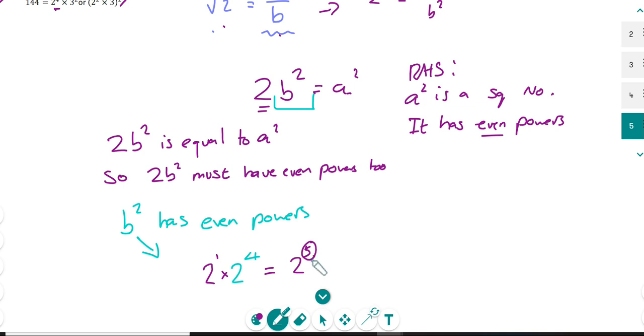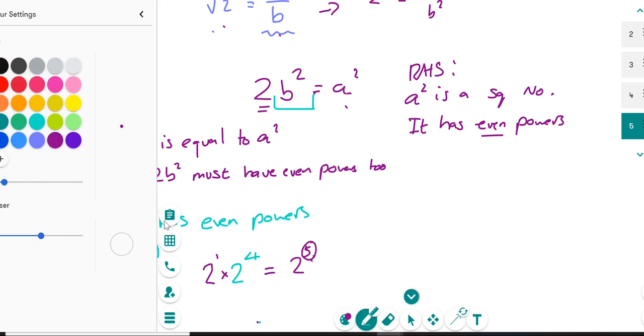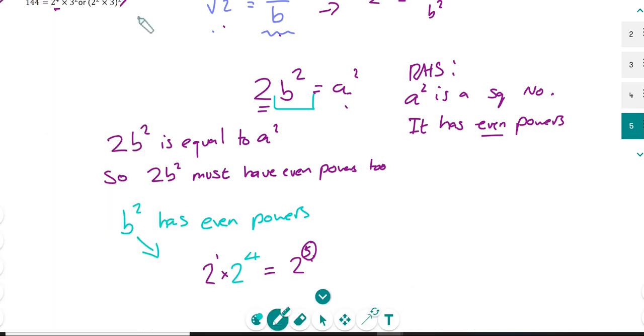And that doesn't work, because then the number on the left has a different power to the number on the right. And that's not possible. It has to have the same power. So this is going to be our contradiction. If we go back, let's change the pen again. Let's say b squared has even powers. So 2b squared has an odd power of 2.